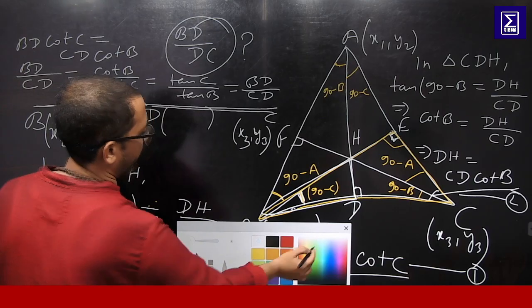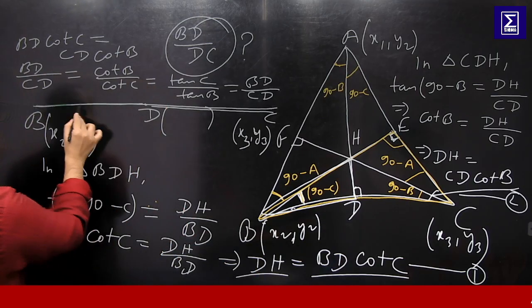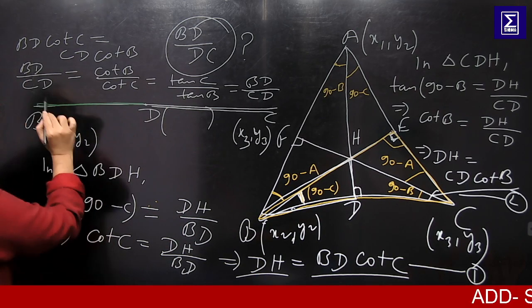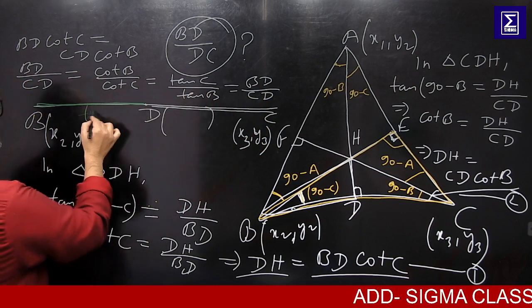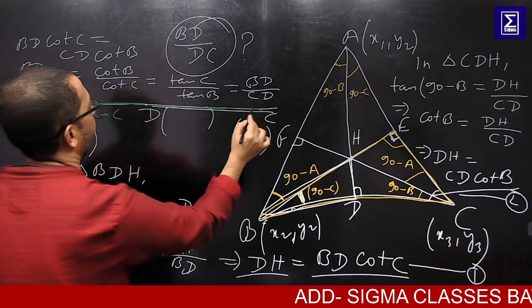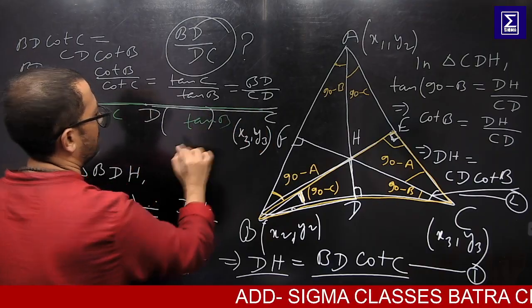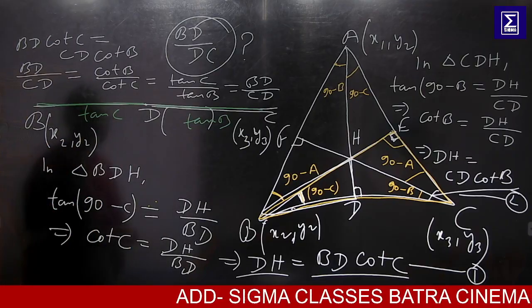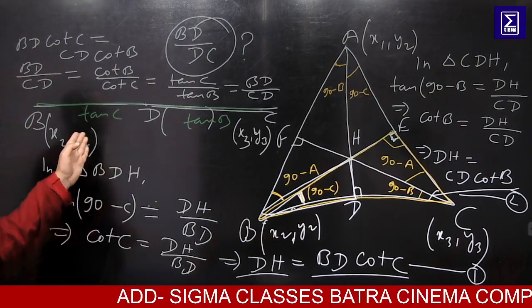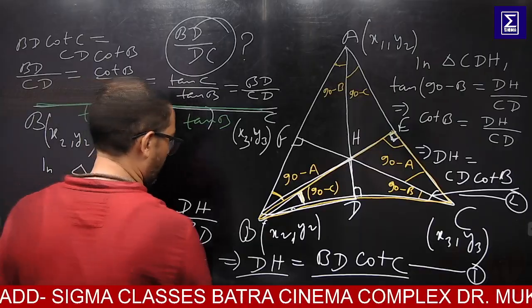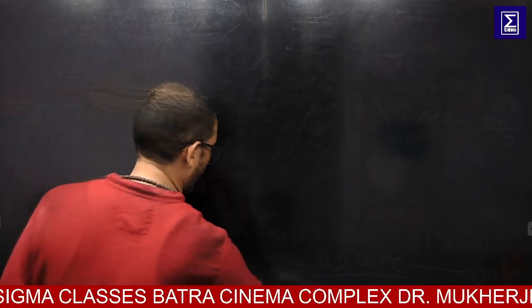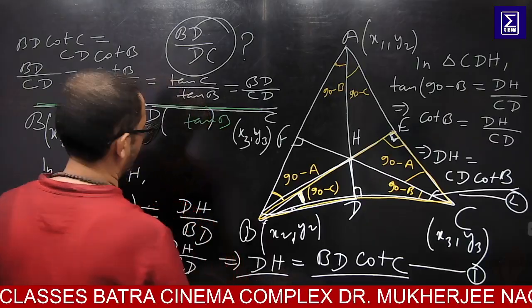So BD upon CD is tan C upon tan B. We got the ratio. So now what do we need to do? We need to get the coordinate of D. So how will it come? The same thing. Okay.